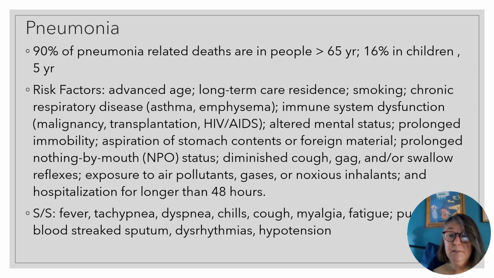So this could be asthma, it could be COPD. Again, we talk about our immune dysfunction people, people who have altered mental status, right? Prolonged immobility because nothing's moving. Aspiration of stomach contents or foreign materials. So again, with that, that is because things get down into the lungs and then they can grow bacteria or make us more prone to have a viral pneumonia.